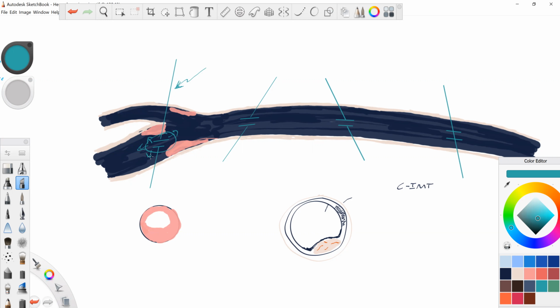And at some point, you will find the highest velocities. And remember, when we talk about velocity, that is the gold standard for determining the amount of stenosis. Visually, oftentimes it's quite hard to understand exactly how much stenosis it is.